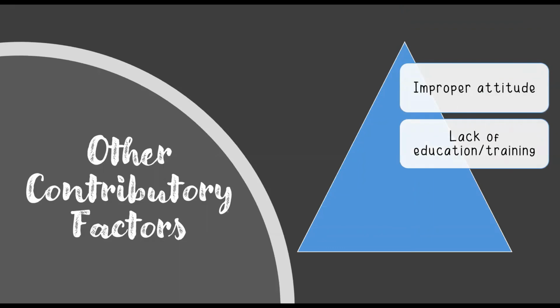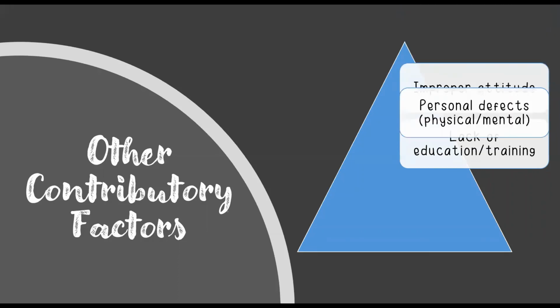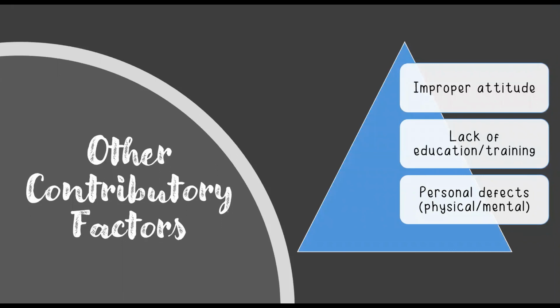Kaya nga, part of control measure, administrative, is for the worker to undergo training para ma-familiar with the procedure being performed, what to do and how to do it. And personal defects, physical or mental. So, siguro merong mental problem si worker kaya hindi niya ma-process yung policy or hindi niya ma-process yung instruction.